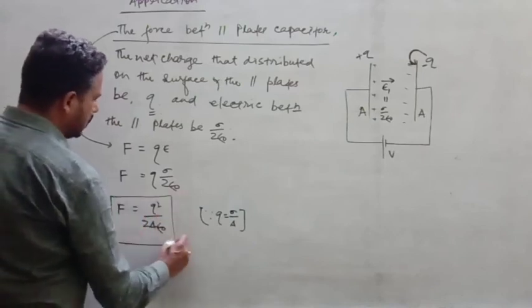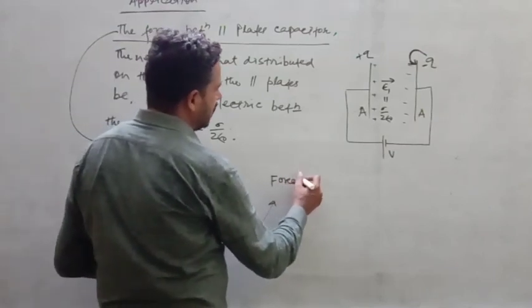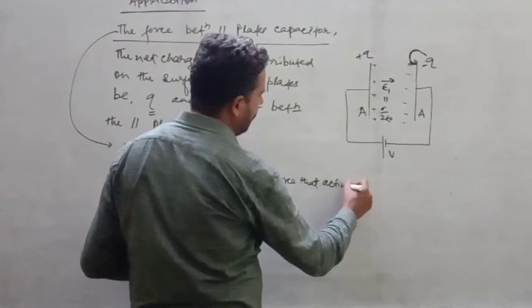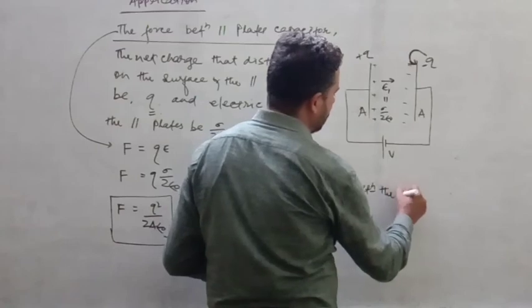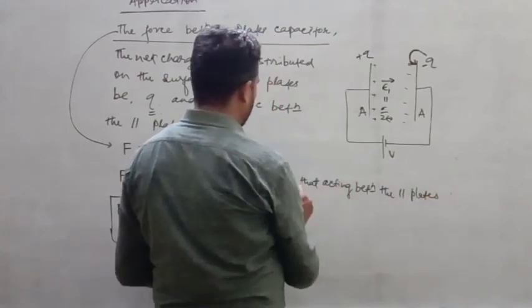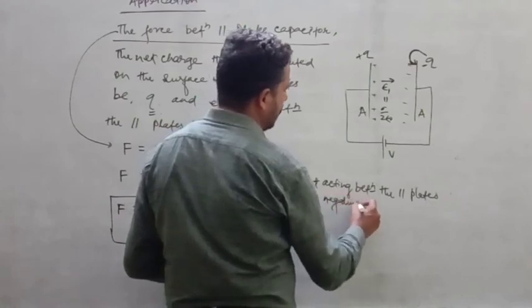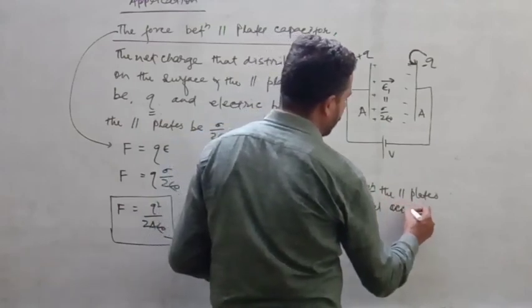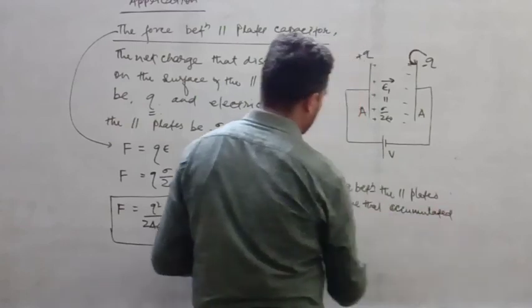So this is your result. This is your force that acts between the parallel plates due to the negative charge that accumulated on the surface.